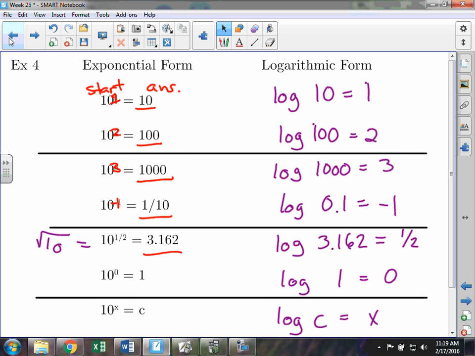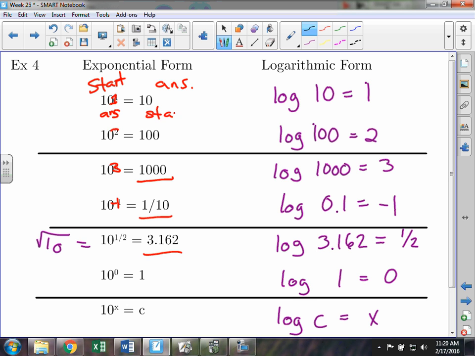Back here, we made the observation that exponential form tends to emphasize the starting value and then the answer. However, logarithmic form tends to emphasize the other direction, where the exponent is the answer and we're starting here.